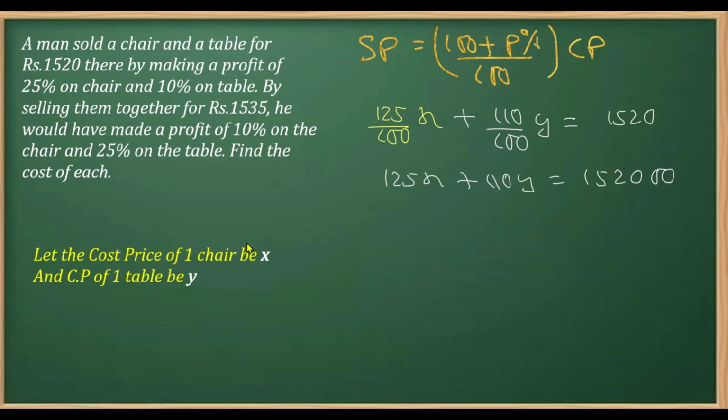I can see this is divisible by 5, so I'll reduce by 5: 25 divided by 5 is 5 times X, plus 110 divided by 5 is 22 times Y. And if I divide this, 152000 divided by 5 gives 30400. So I took 5 as common and divided each number by 5, which results in this equation. I don't think it can be reduced further. So let's say this is the first equation.